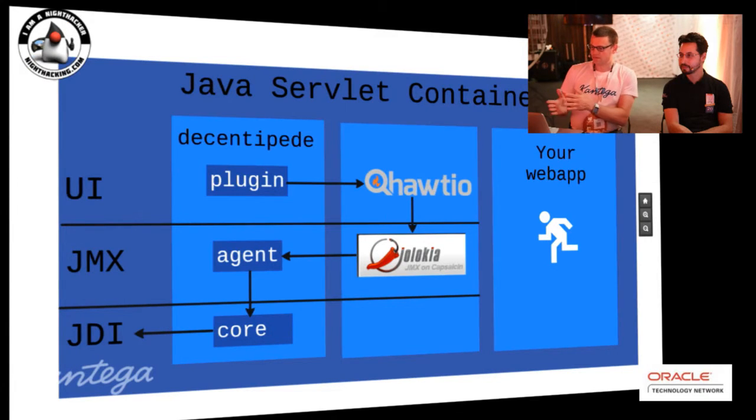So basically, say you have your application in a Java servlet container, and it's a requirement that the VM should listen for debugger connections. You simply drop in Hawtio, and your application doesn't know about it. It's very non-intrusive.